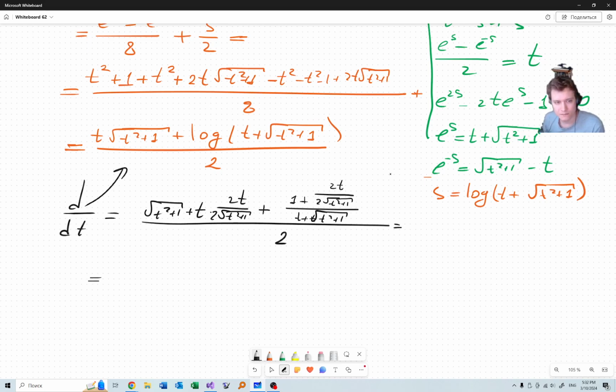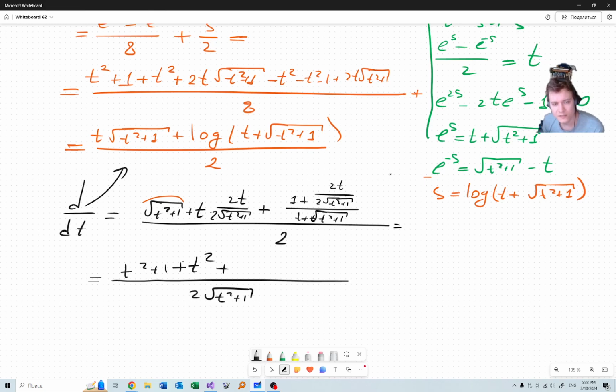Okay, let's simplify this. So I see square roots of t squared plus 1 everywhere, so let's put it in the common denominator. Okay, so first of all, this becomes simply t squared plus 1. This becomes t squared.